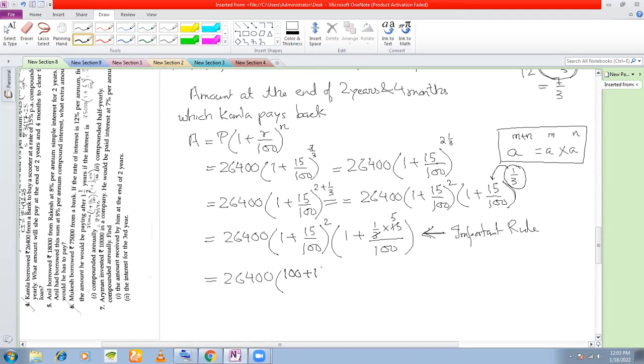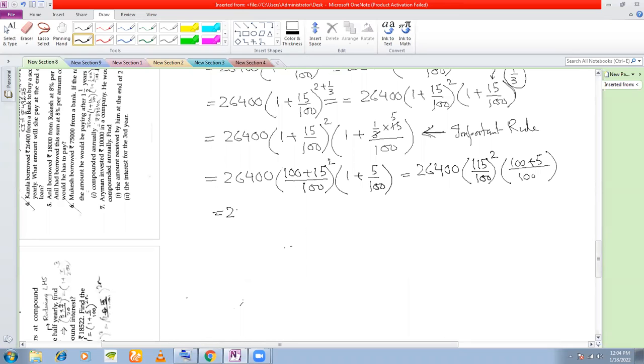So you get 100 plus 15, to keep the zeros in the denominator, instead of cancelling, you take the LCM directly, and you get 1 plus 5 by 100. So you get 26,400 into 115 by 100 square into, taking the LCM, 100 plus 5, 105 by 100.